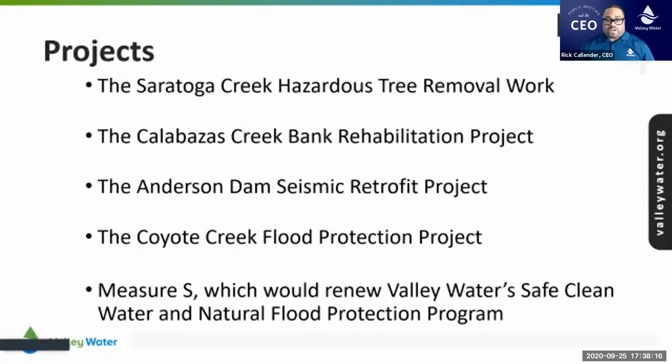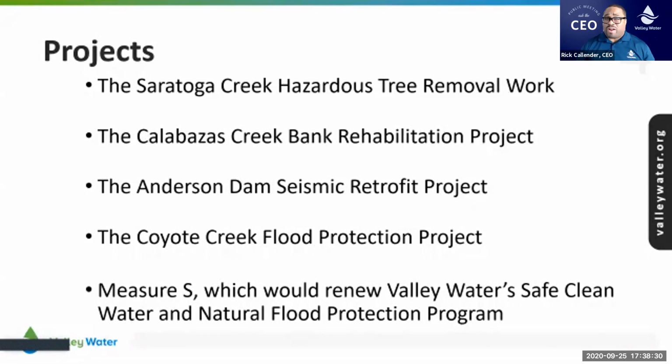Now I'm going to start talking a little bit about some of our local projects and efforts that are underway in your community that I hope you care about. Albert, maybe you can share the screen and we can list some of the projects that I'll be talking about. Tonight I'll be talking about the Saratoga Creek hazardous tree removal work, and these things I'm just going to touch on quickly: the Calabazas Creek Bank Rehabilitation Project, Anderson Dam seismic retrofit, which you might have heard a lot about in the news, and the Coyote Creek Flood Protection Project.